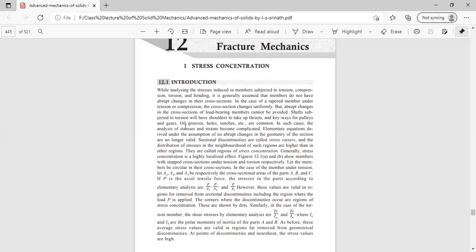The shaft subjected to torsion will have shoulders, etc. That is the key ways of pulleys, and this is required for assembling the pulley or gears. There are other instances of making an oil groove or groove for greasing the surface of different members. There are certain holes and certain notches. These are common over the surface.